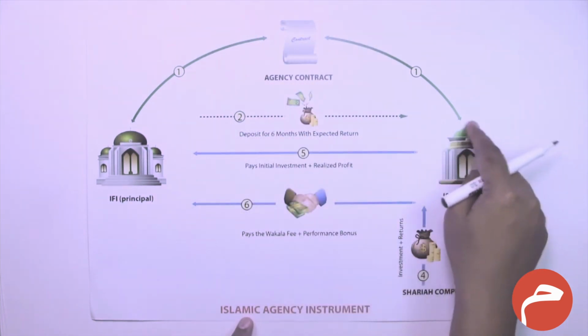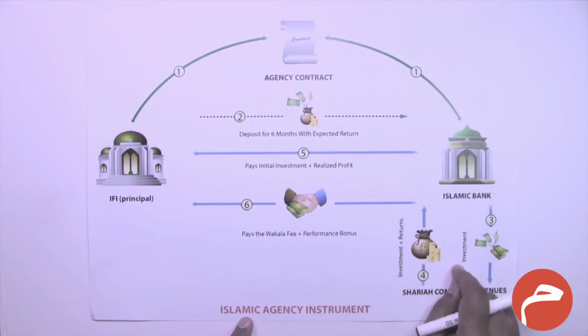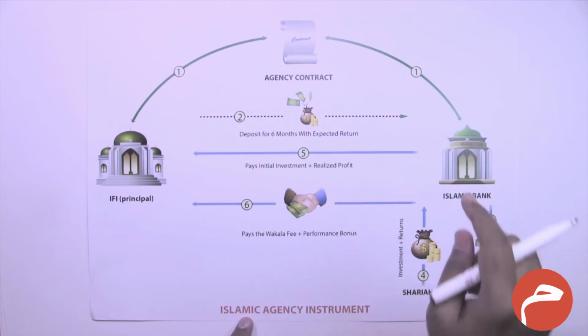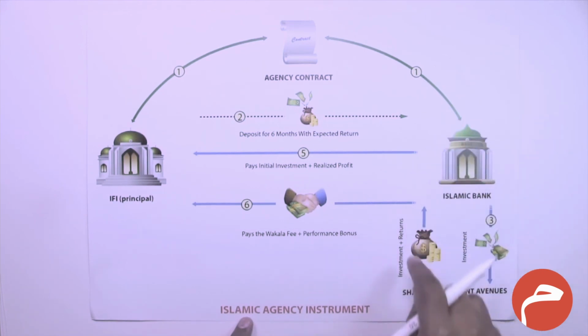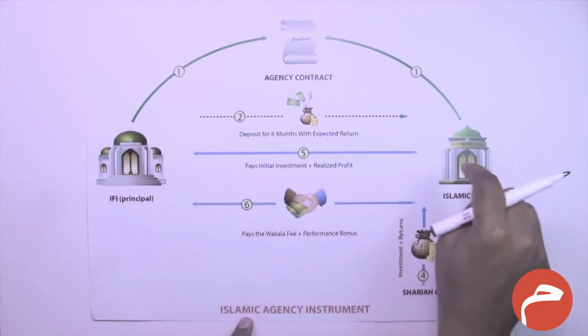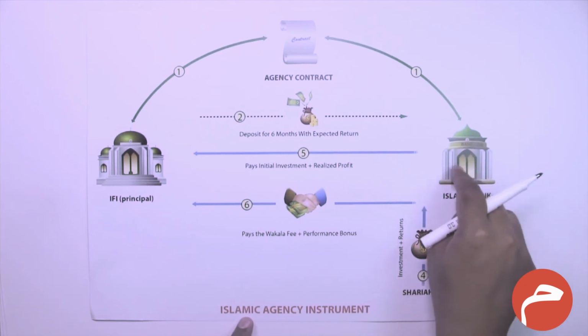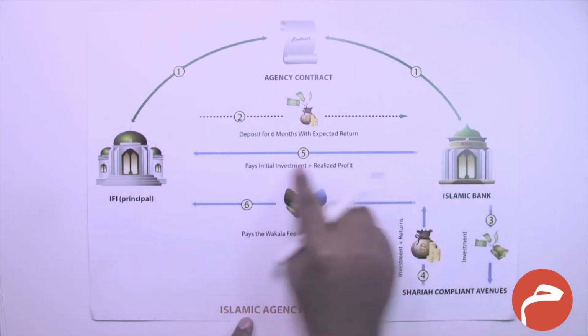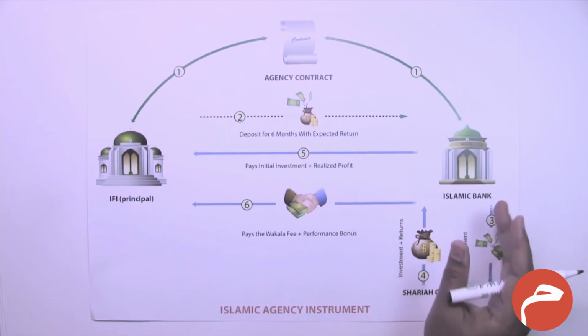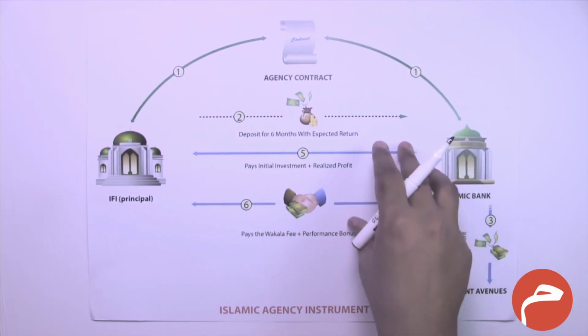Of course, unless this bank is negligent or reckless in its investment; otherwise, if this bank is diligent and even then there is no expected return, then this financial institution cannot be held liable, and this bank cannot give a guarantee on the return. So this is the basic difference between the Murabaha, which we discussed earlier, and the agency, which we are discussing here.